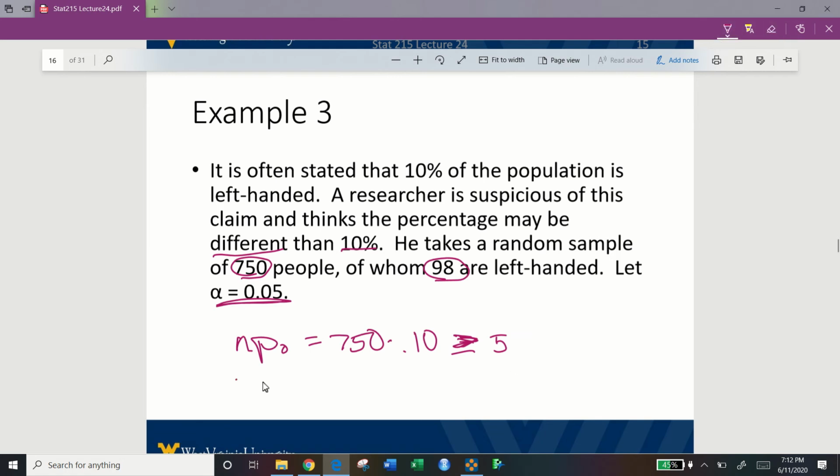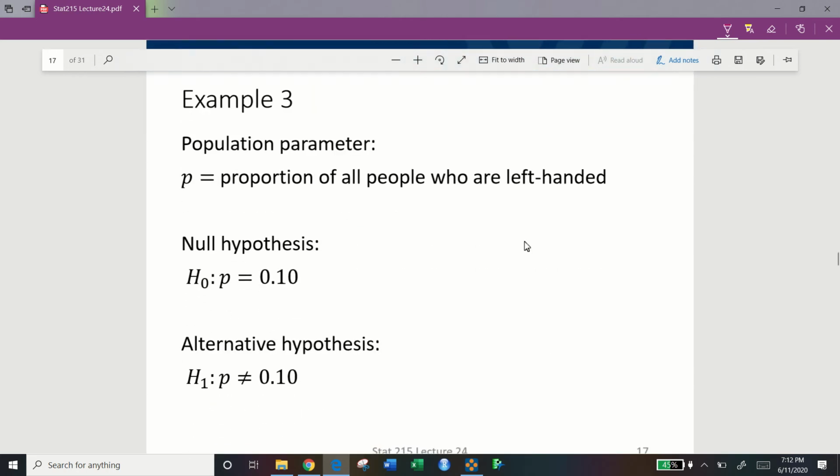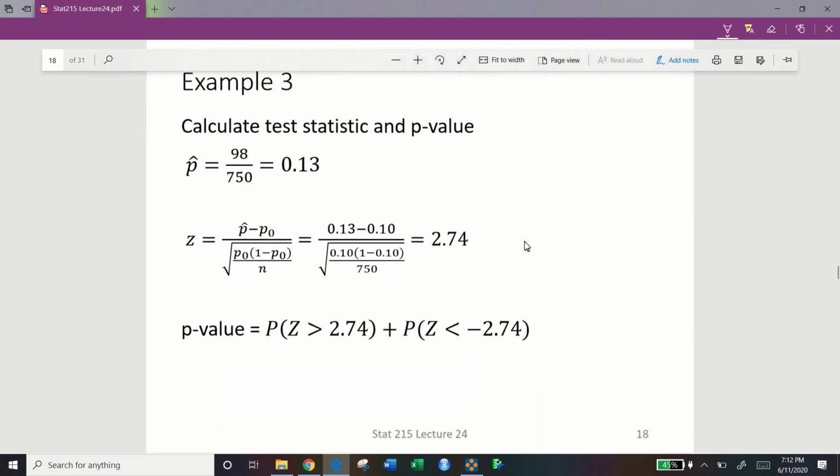And conversely, n times 1 minus p naught, which will be 750 multiplied by 0.90, will definitely be greater than or equal to 5. So this checks out our assumptions. We clearly have a random sample, so we can go on and calculate our test statistic and p-value.